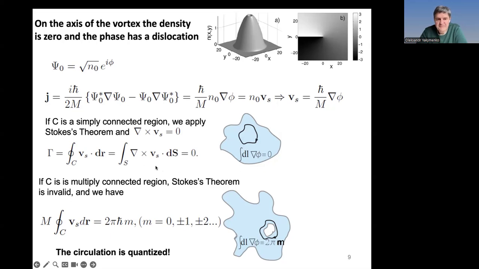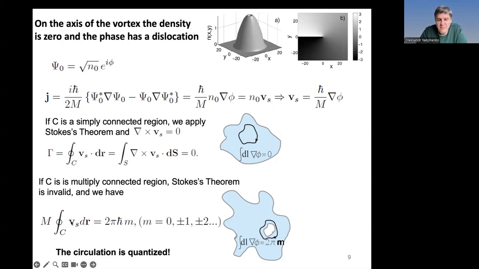If you calculate such a circulation, you can see that it is zero for a simply connected manifold. But if you have some holes like this, using the Stokes theorem is wrong. It's invalid here. And if you calculate the same, what does the circulation mean?